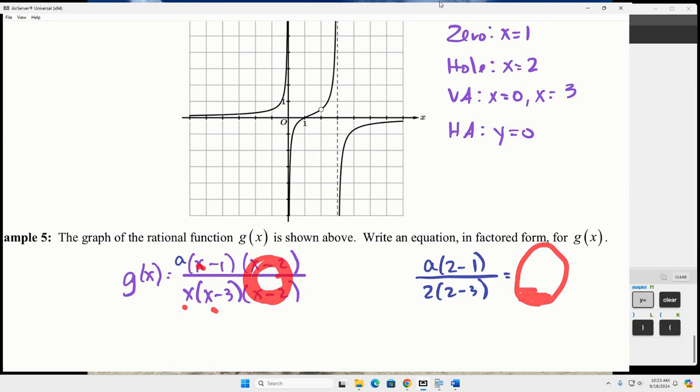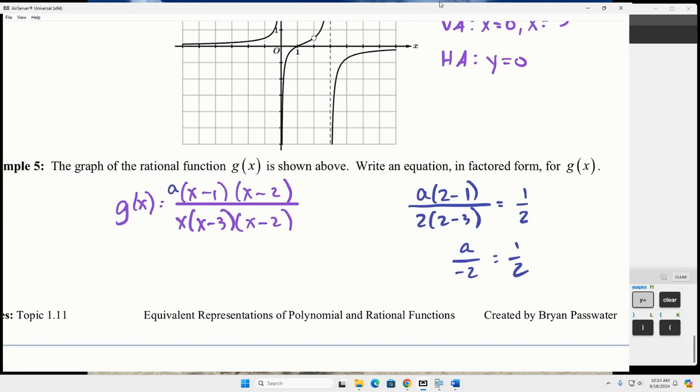You should get the y value of the hole. So we get a over negative 2 equals 1/2. So what should a equal? Negative 1. Which is what we thought it was.